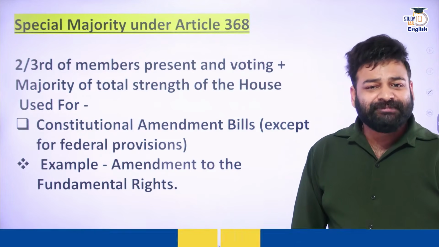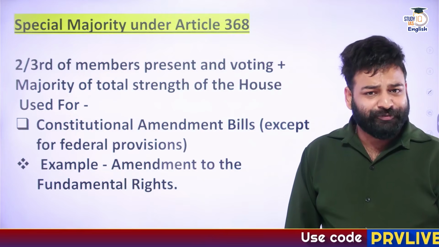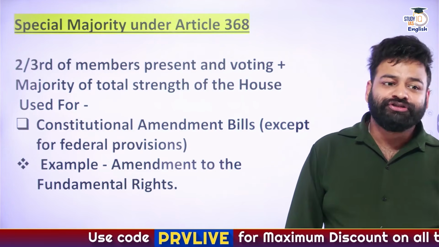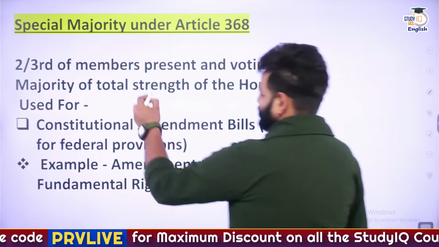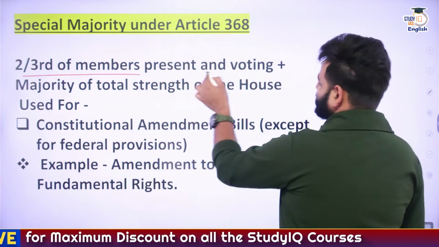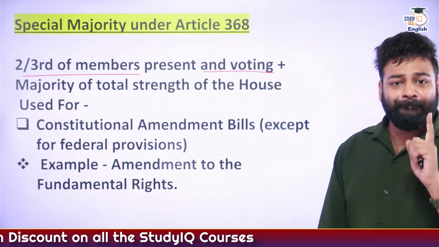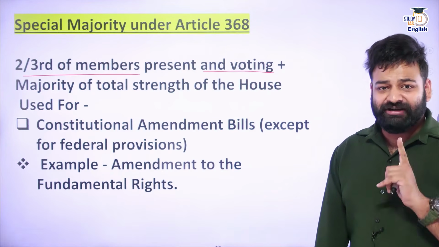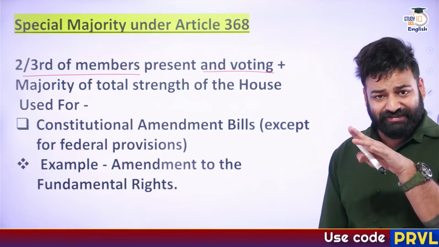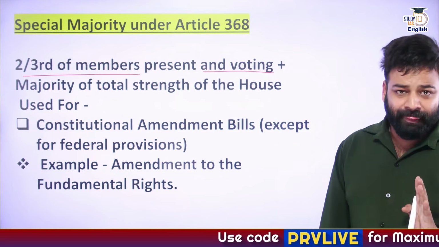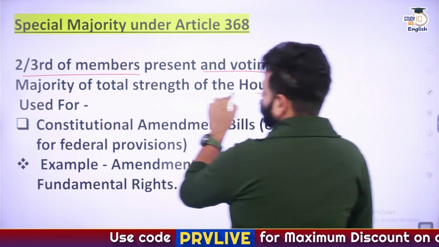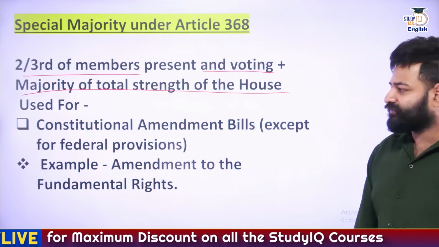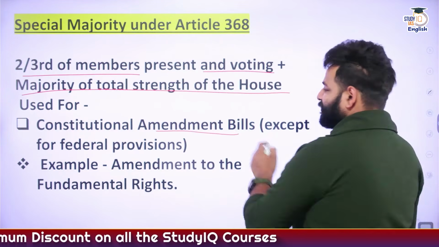As per the provisions of Article 368, the special majority is 2/3 of the members present and voting plus two conditions are required. First condition is 2/3 of the members present and voting plus a majority of the total strength of the House. It is used for passing constitutional amendment bills.